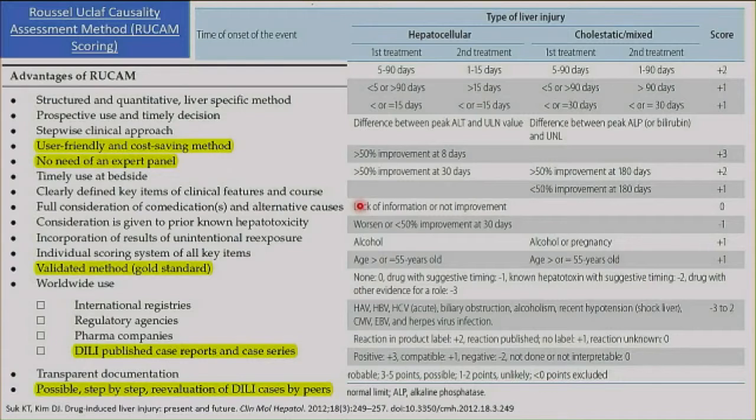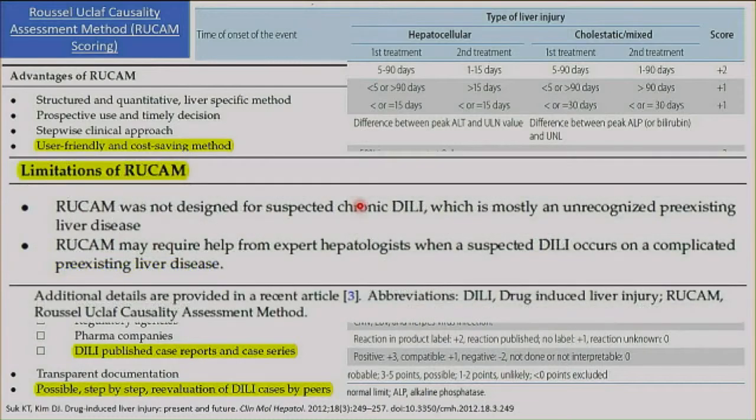Actually, this is the other method that can make it easier to differentiate the hepatocellular condition or cholestatic DILI. Why can this score be used? Because it is a user-friendly and cost-saving method, but this score is not designed for when we still suspect chronic DILI.